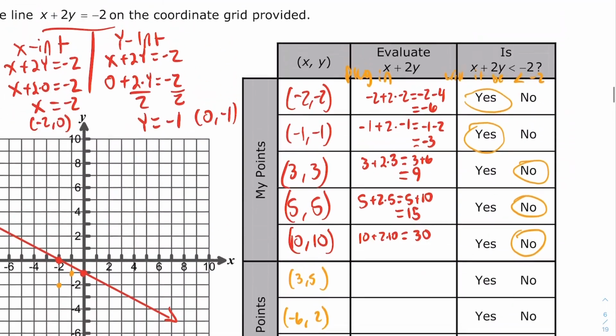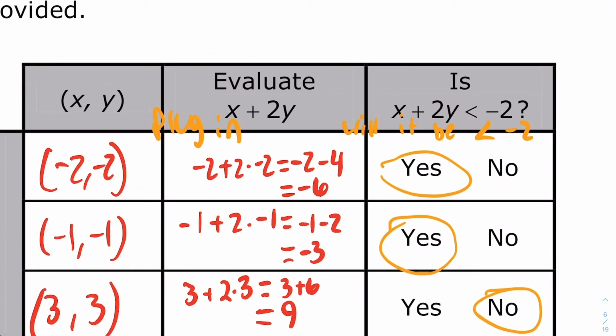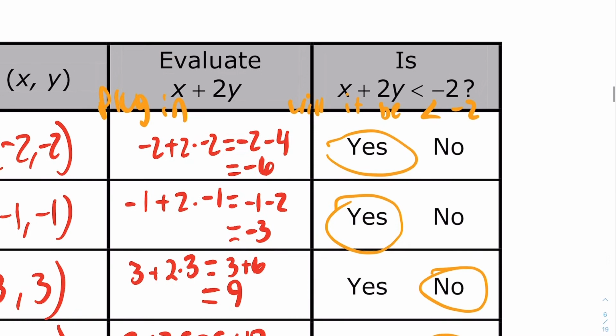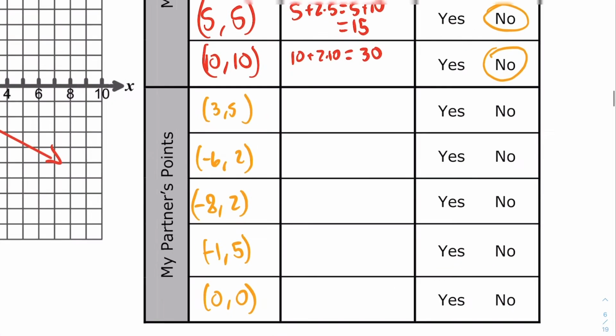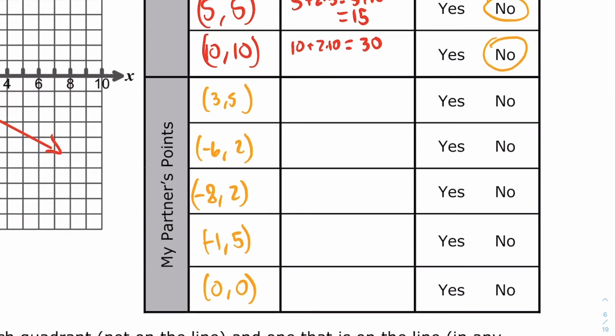Do what I did, which is plug them into the equation, and then after that, determine if that answer was less than negative 2. That's what I need you to do right now. Go ahead and pause the video, and then when you're done, even circling the answers there, then play the video and see if you're right.